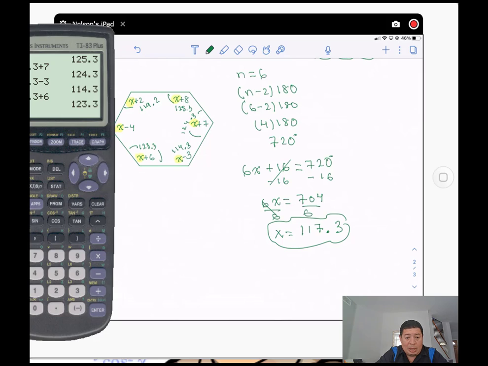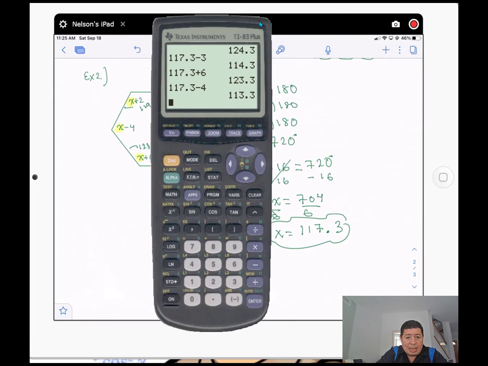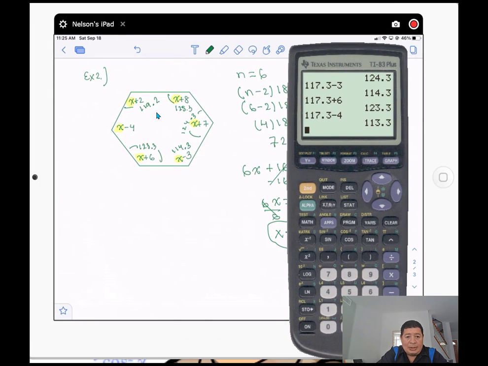And the last one, we are going to take 117.3 and subtract 4 from it. And so we are going to be left with 113.3.